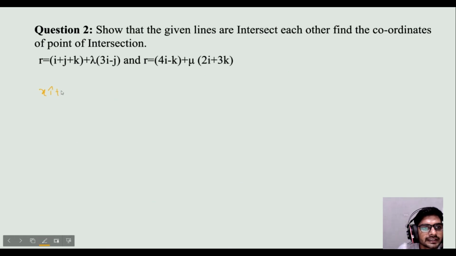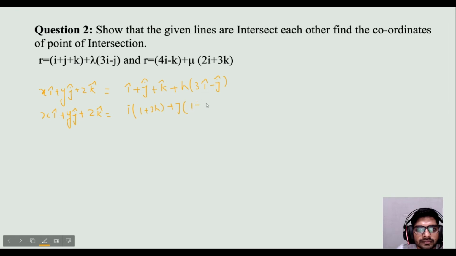So xi plus yj plus zk equals i plus j plus k plus lambda times (3i minus j). Taking i common, it is 1 plus 3 lambda, j common, 1 minus lambda, and k common.